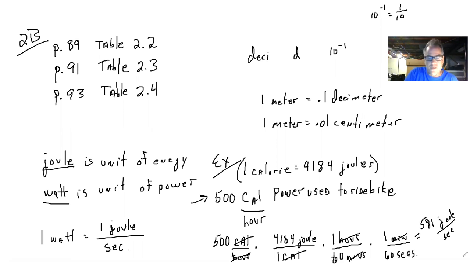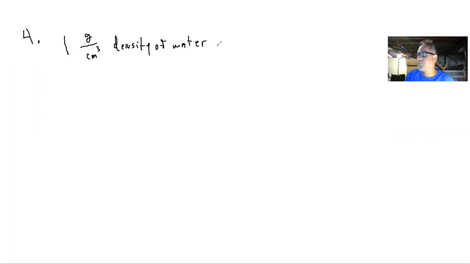So this is dealing with number 4, but in terms of density of water, it is 1 gram per cubic centimeter, and this is the density of water. All right.